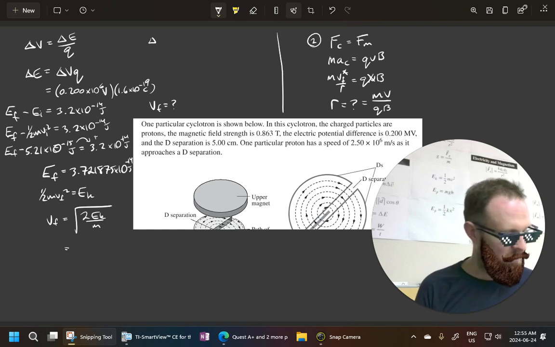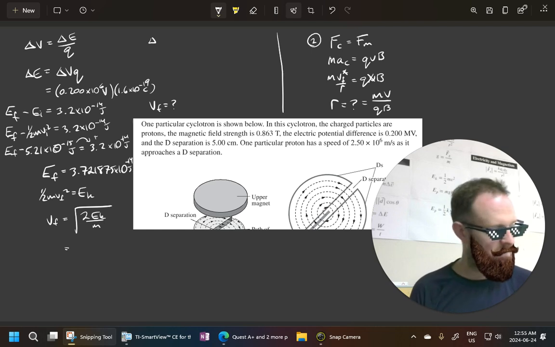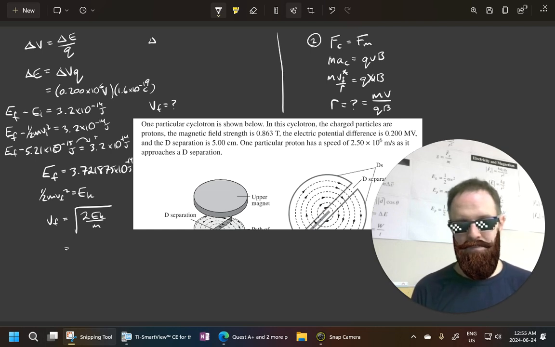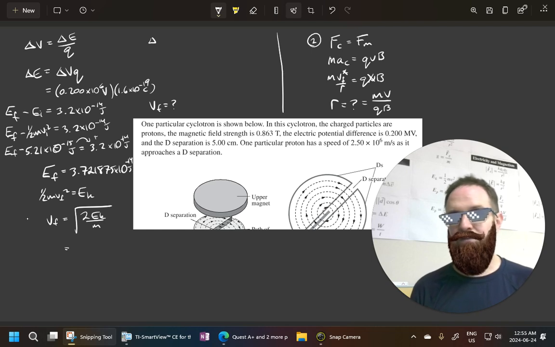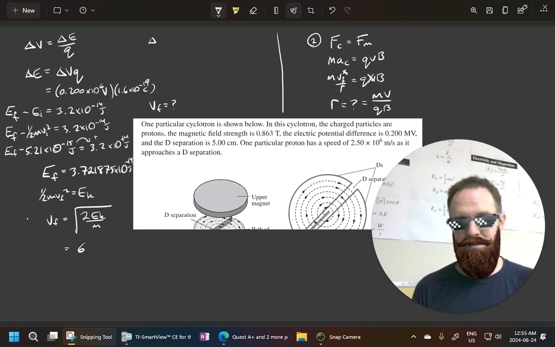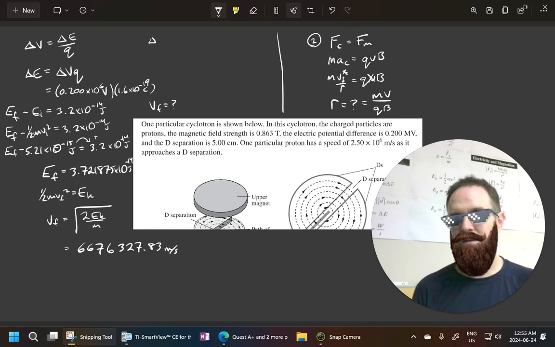It's just on my formula sheet, 1.67 times 10 to the negative 27. Take the square root. So now we have the final speed. So our final speed here is 6,627,327.3 meters per second.